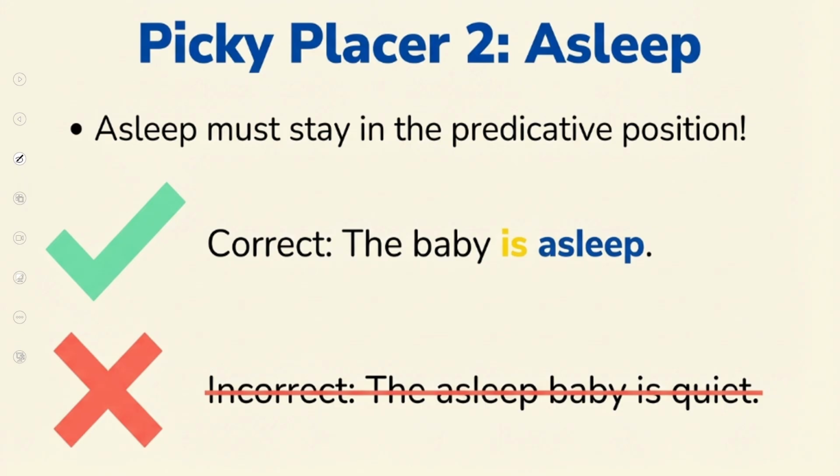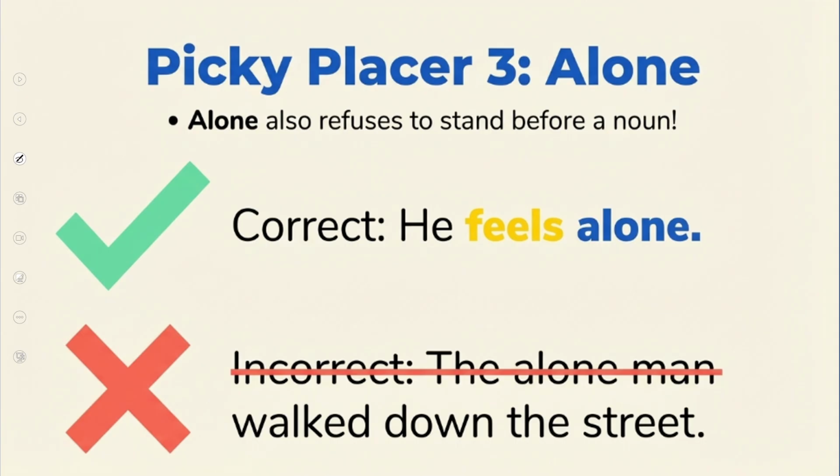Now let's look at this example. Another word is asleep. Asleep also wants a verb before it. You cannot write asleep without a verb. In that case, the sentence is going to be wrong. So the baby is asleep. Now let's look at this example. Alone.